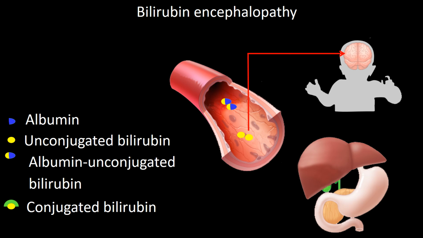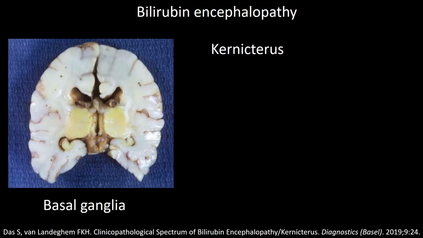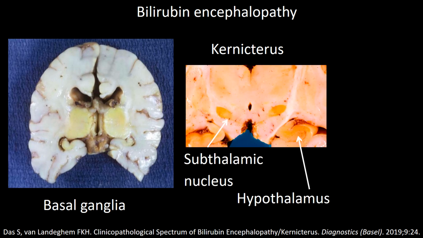Bilirubin encephalopathy results from non-albumin bound unconjugated bilirubin entering the brain, instead of becoming conjugated bilirubin and being excreted. In the brain, the bilirubin affects and stains the basal ganglia, hence the term kernicterus, meaning nuclear icterus. But bilirubin also stains and affects the subthalamic nuclei and the hypothalamus.